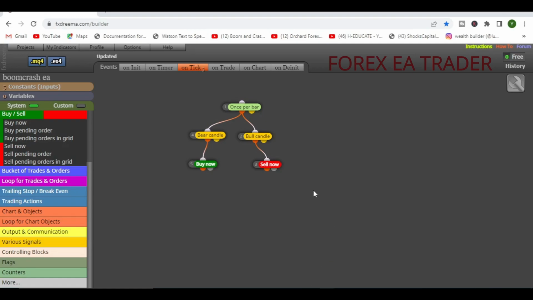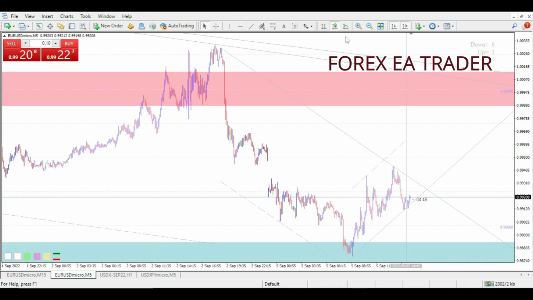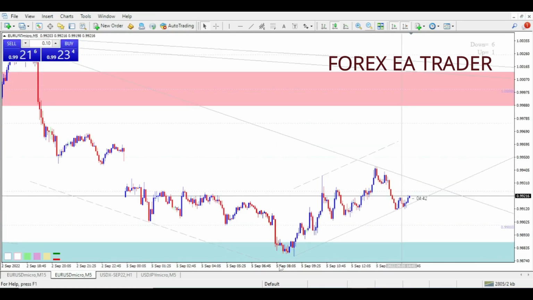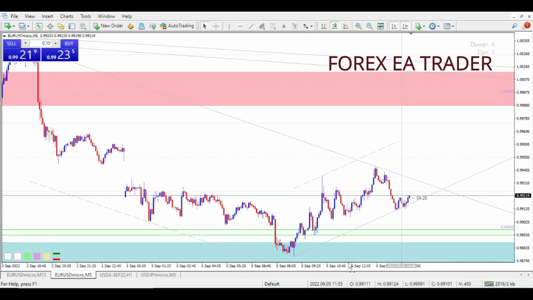Then we update. This approach that we just programmed is for the situation where we are expecting price to move from this zone until this zone. So at the close of every bearish candle, we want a buy, because that's kind of the best price there.